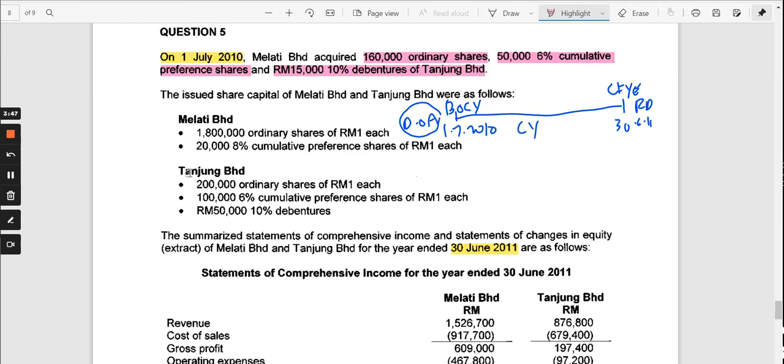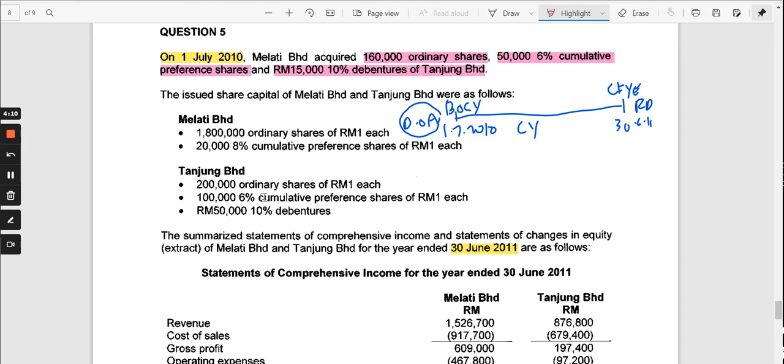In the subsidiary Tanjung, the shares were 200,000 ordinary shares of 1 ringgit, and the 6% cumulative preference shares were 100,000 at 1 ringgit each. The holding company does not have a debenture, but the subsidiary has a 10% debenture of 50,000.